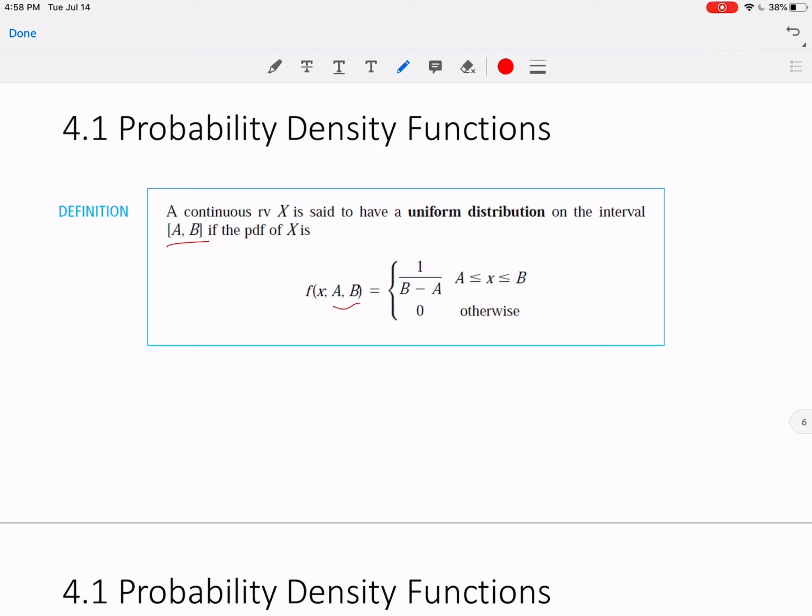They could be any constant numbers for different uniform distributions. The PDF of X is equal to 1 over b minus a. So basically, if you know the interval of the uniform distribution, you can find the PDF directly.